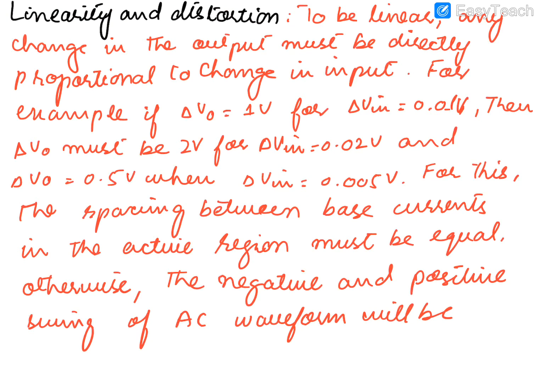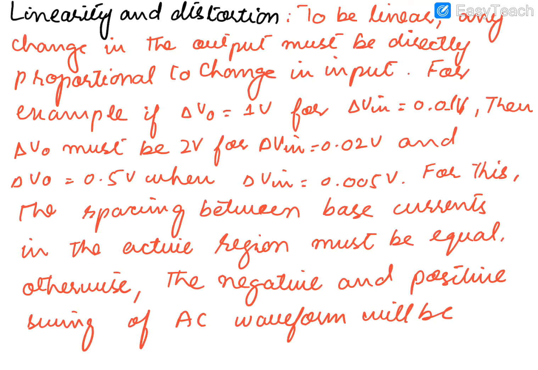Now we will learn the topic linearity and distortion, and how linearity affects the output waveform in the case of amplifiers. In order for any circuit or device to be linear, any change in output must be directly proportional to the change in input.